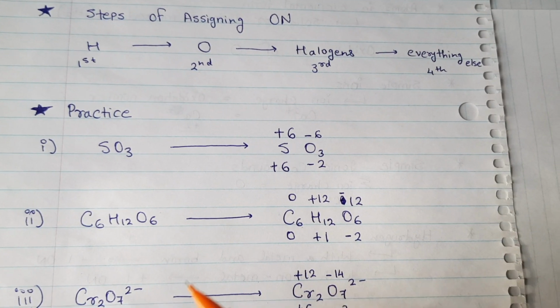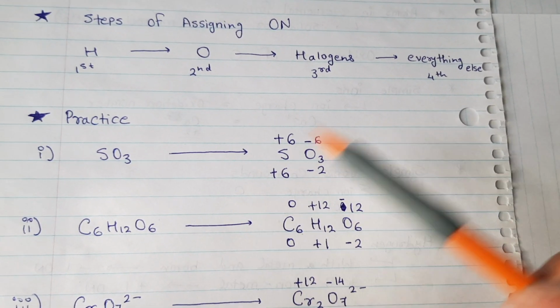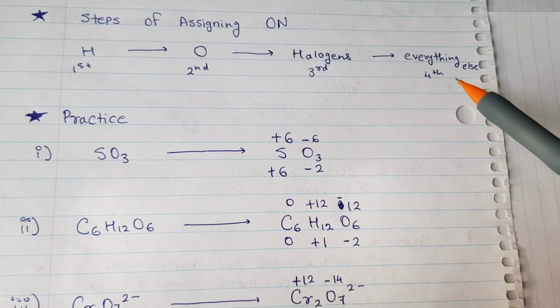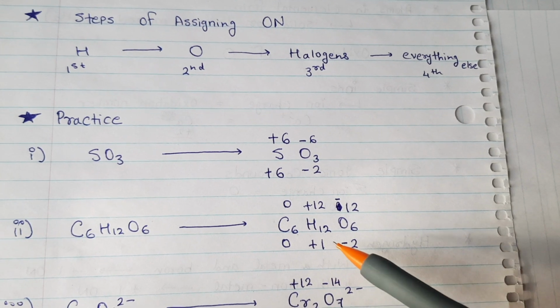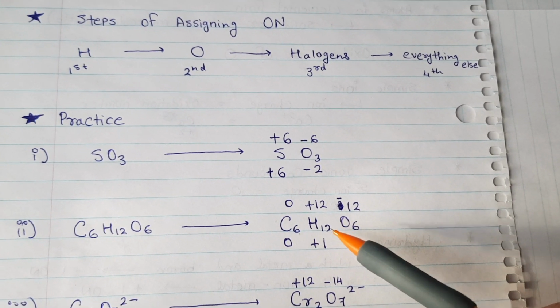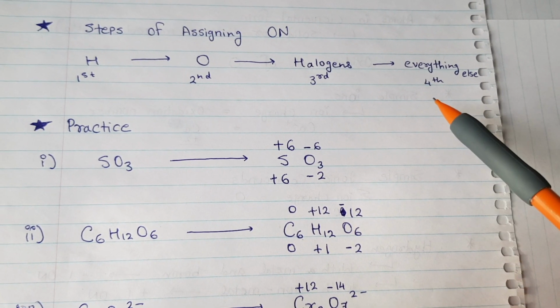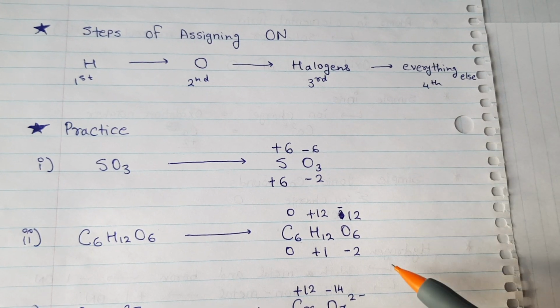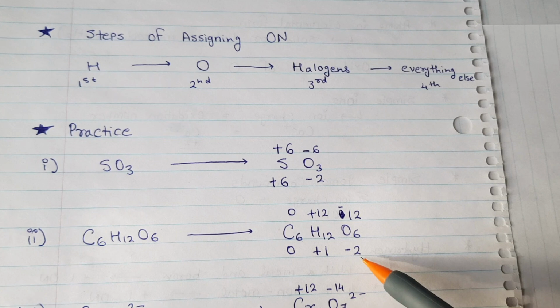The second example we're looking at is C6H12O6, sugar. According to our priority scale, the first atom that we assign an oxidation number to is hydrogen. Hydrogen is +1 because these are nonmetals. 12 hydrogens, so we multiply +1 by 12, making it +12. Oxygen is the second atom that we assign oxidation numbers to. There are 6 oxygens, and the oxidation number of oxygen is -2.